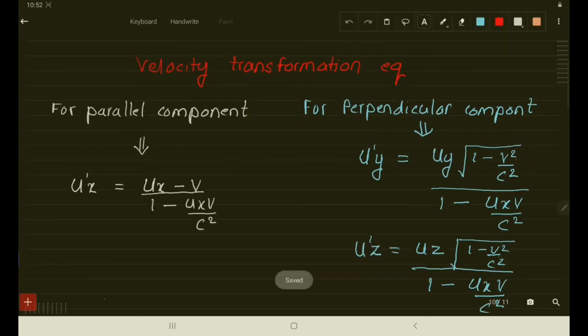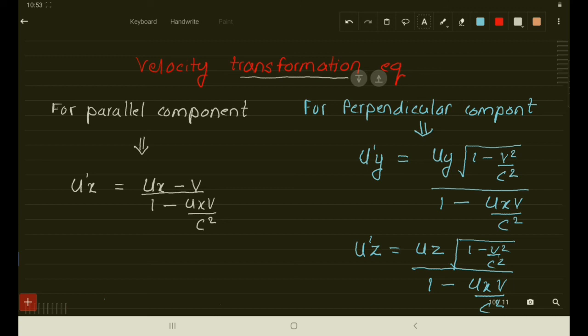Next we are going to see all the equations on one page, that is, the summary of the velocity transformation equations. We have seen the transformation equations, the equations which help us convert u dash x to ux. Now let us see the summary of this session.